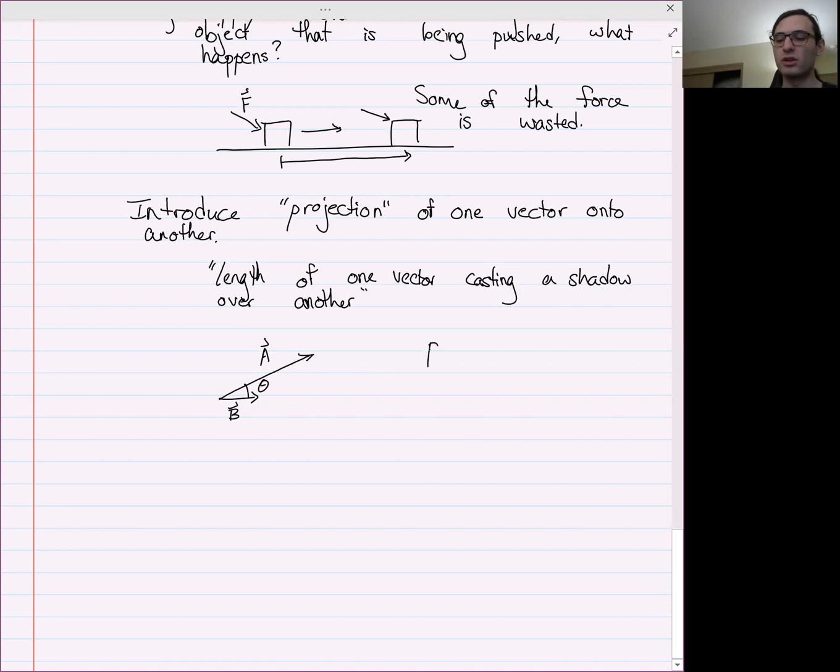So the projection of A along B would be the length of the shadow that A casts in the direction of B. So that would be this vector here, or sorry, not vector, it would be the length there. So this length here is the projection of A along B. I'll just put that down here.